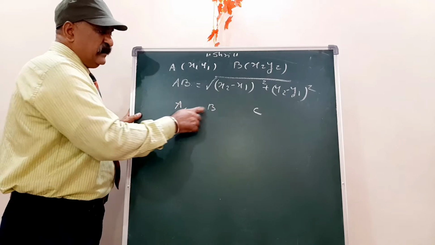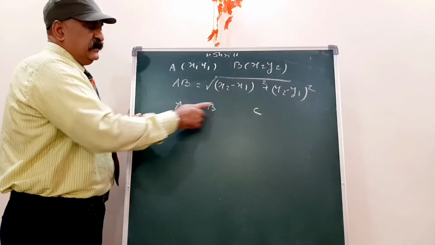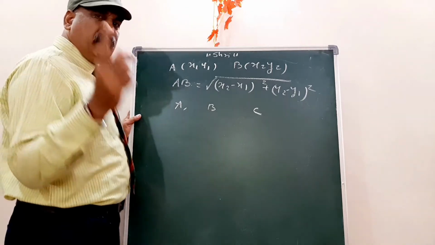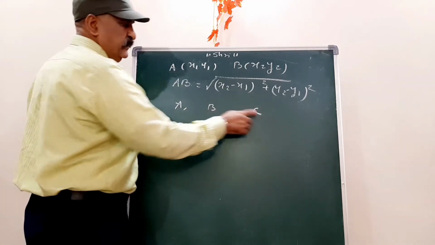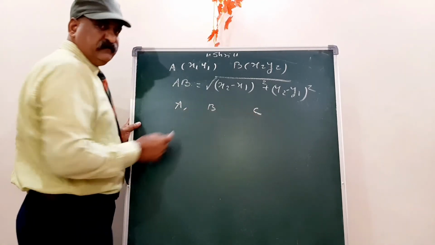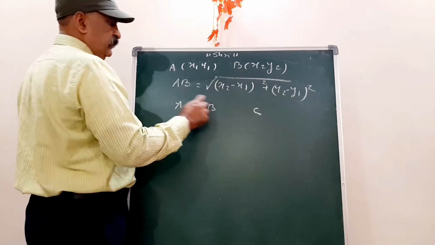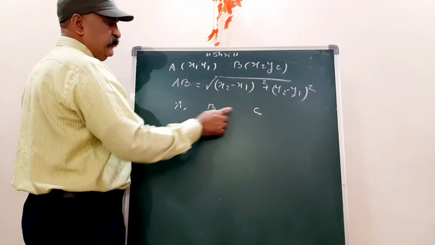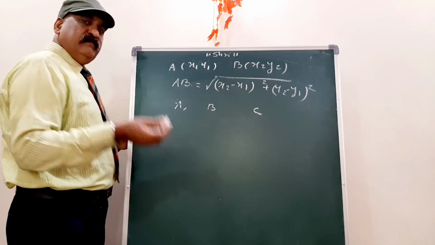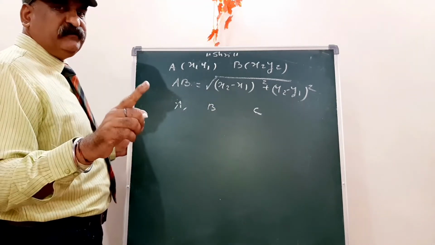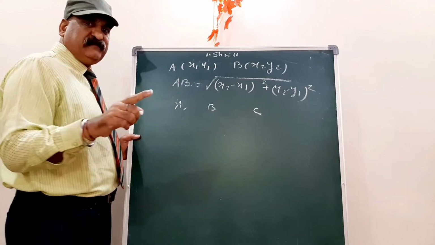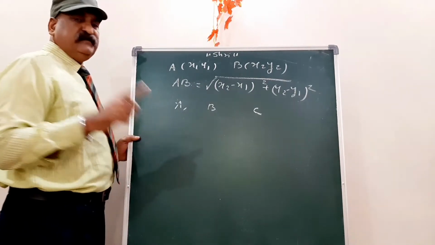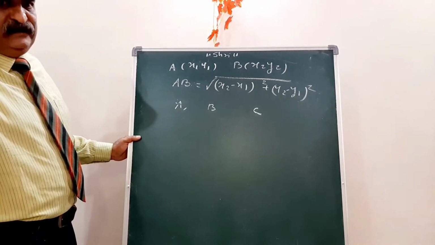But if the points are given to you and you want to show the points are collinear, it means if AB plus BC is equal to AC, or AC plus BC is equal to AB, that is, if the sum of two distances is equal to the third side, then you can say the points are collinear.